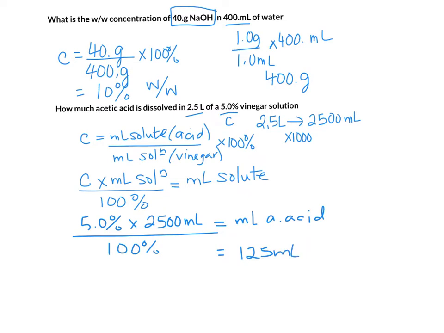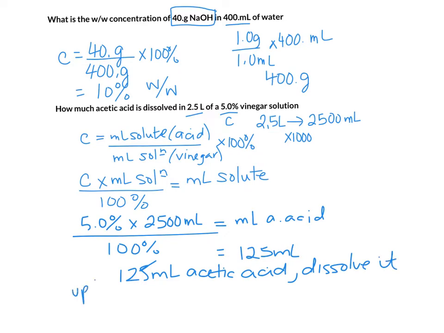So basically, if I take 125 milliliters of acetic acid, dissolve it up to 2.5 liters with water, it makes a 5% solution.